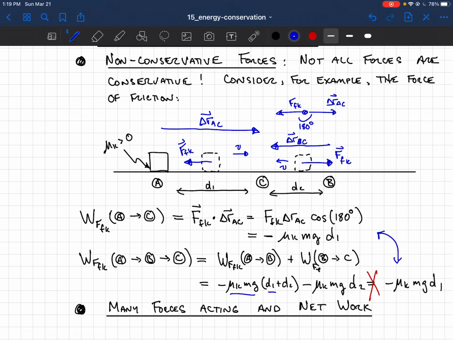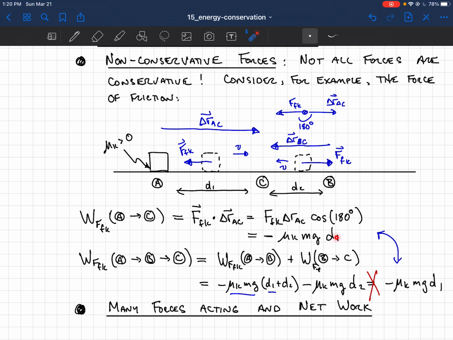So I sort of screwed up the logic there at the end. Let me repeat it. I wanted to check whether moving a box from A to C is the same whether I do it directly from A to C or from A to B to C, because we saw that conservative forces should have path-independent work. That comes about from the fact that the work around any loop path is 0. And we found it's not true.